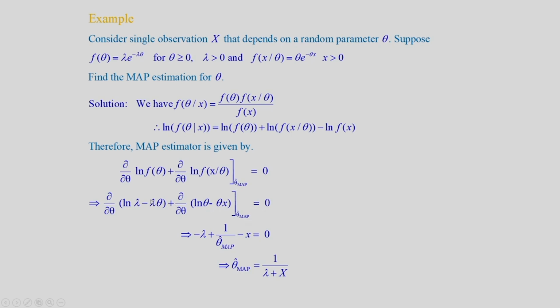So we take the partial derivative and then put theta equal to theta hat MAP. We will get minus lambda plus 1 by theta hat MAP minus x is equal to 0. So from this we can find theta hat MAP, and the estimator is given by 1 by lambda plus x. So this is the maximum a posteriori estimator.